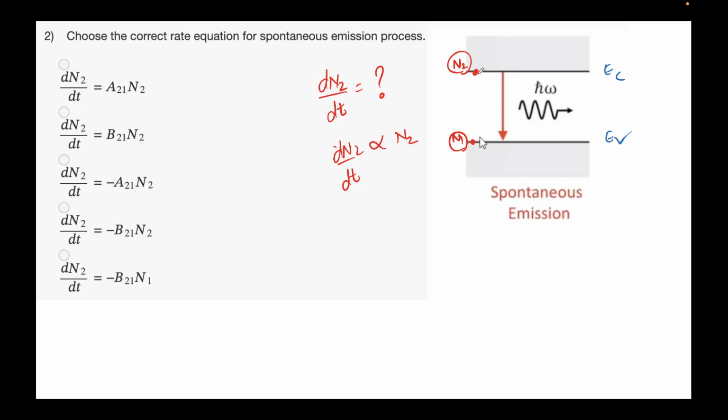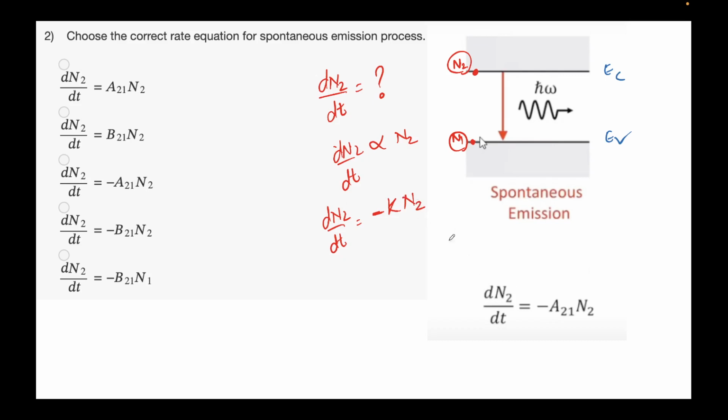Secondly, as the amount of electrons decreases, the rate will also decrease, because there are fewer electrons to drop to the valence band. Hence we introduce a negative sign to denote that the concentration will decrease, times N2. So this will be my complete expression from your lecture notes.